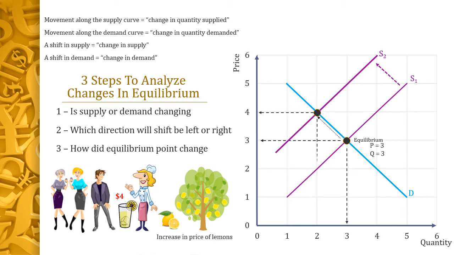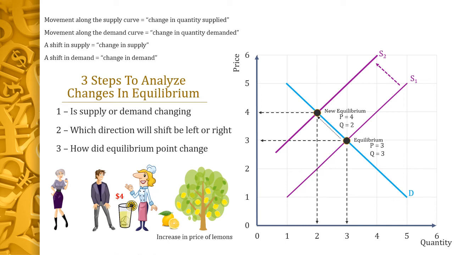There's our new spot, and we can see now, of course, we're at $4 because that's our new selling price, but basically we're only going to sell 2 items. And so one of our little people over here, she's going to go bye-bye, I think. There she goes, bye-bye. She's not going to buy lemonade because it's now too expensive for her.